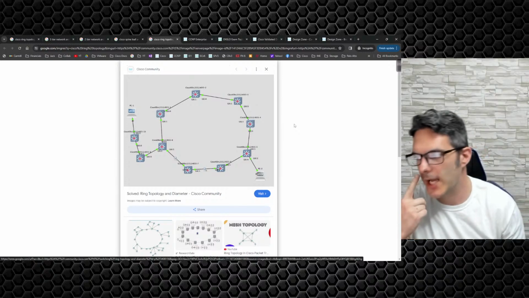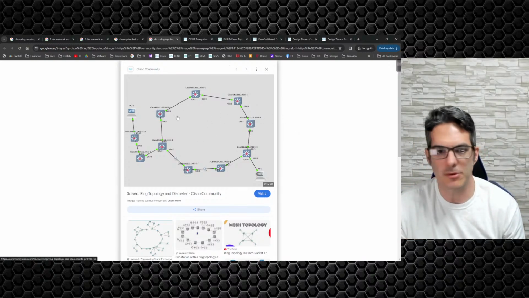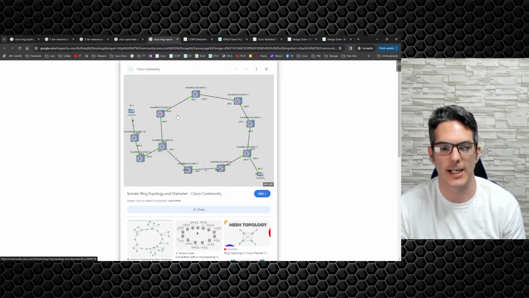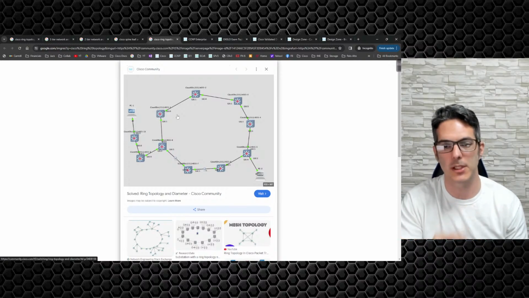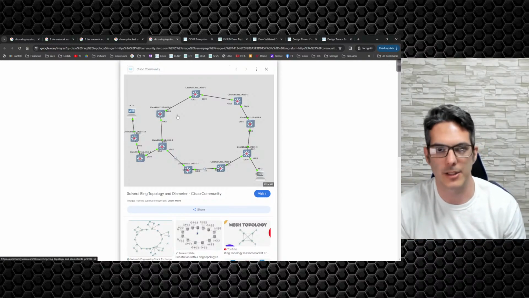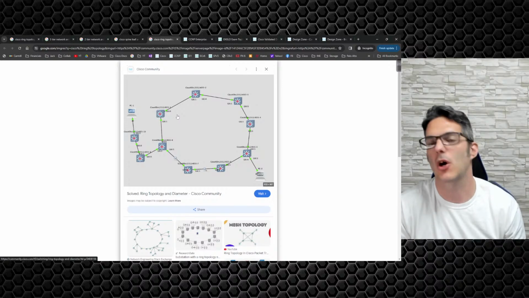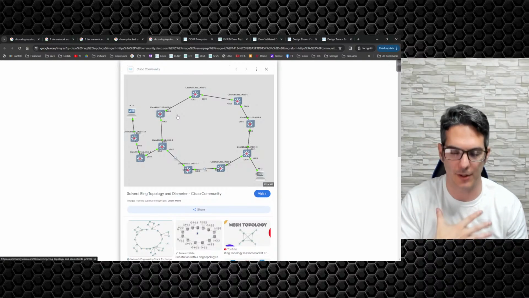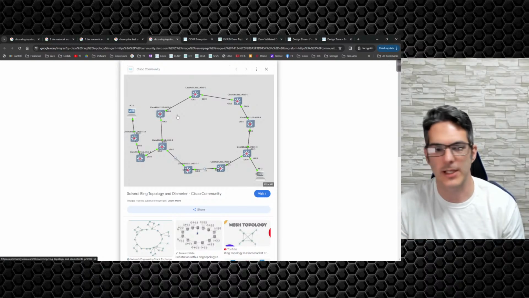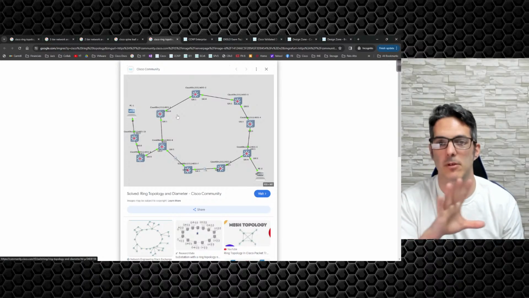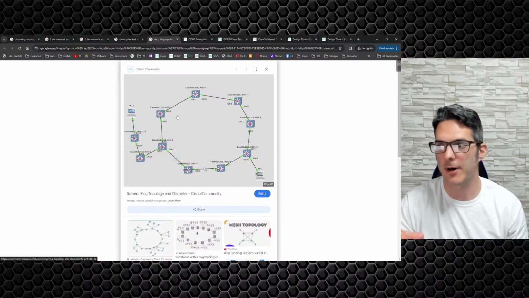So when you take a look at it from this perspective, a lot of service providers, you're going to hear this, especially when you talk to ISPs: we have a fiber ring in this area, we're going to plug you into that, and then we'll be able to get you out on the internet. There are fiber rings all over the country, and I'm US based, so there are fiber rings in a lot of different places. Now, are they the only type of topology you're going to see?